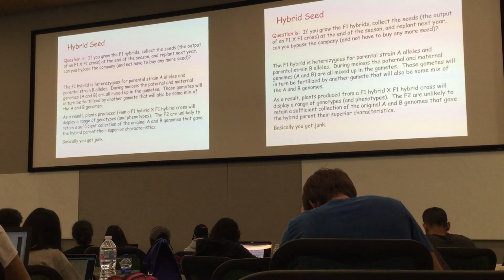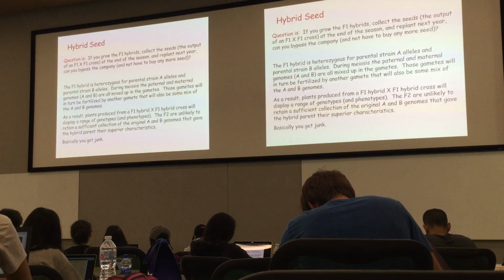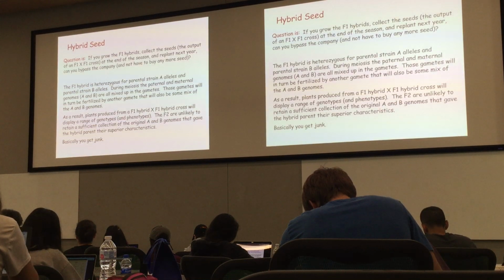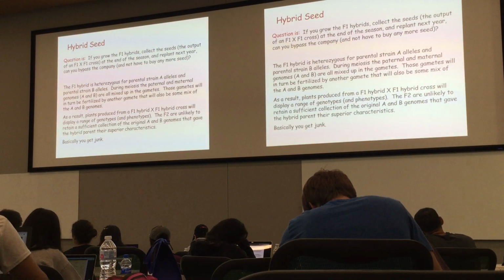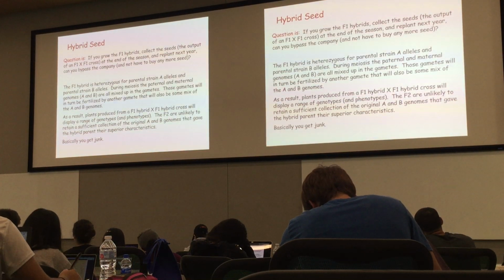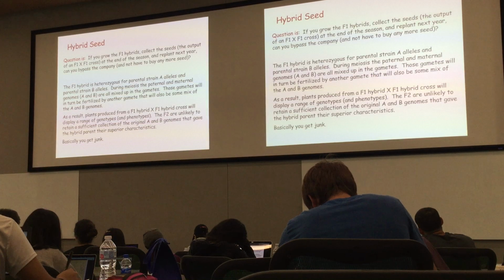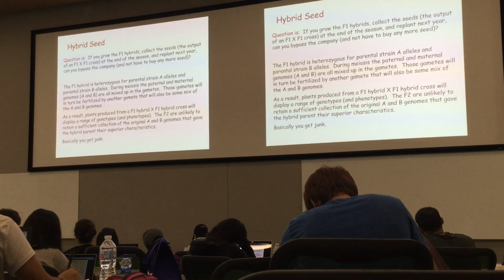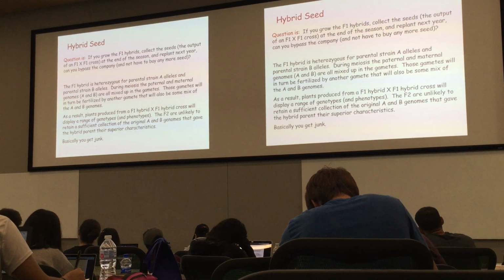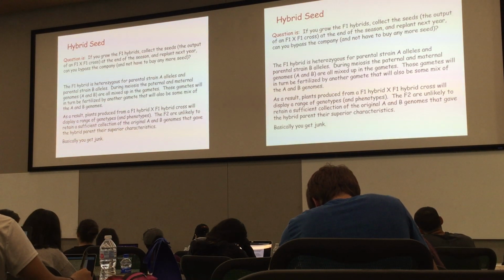Here's a question about the hybrid seed. Can you avoid the company next time around? Can you get the F1 seed, plant the seeds, grow up the plants, harvest some, and let other ones make seeds, and take those seeds and do it all over again without having to go back and purchase more hybrid seeds?